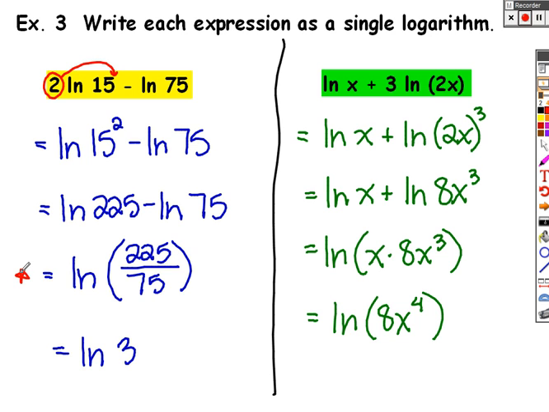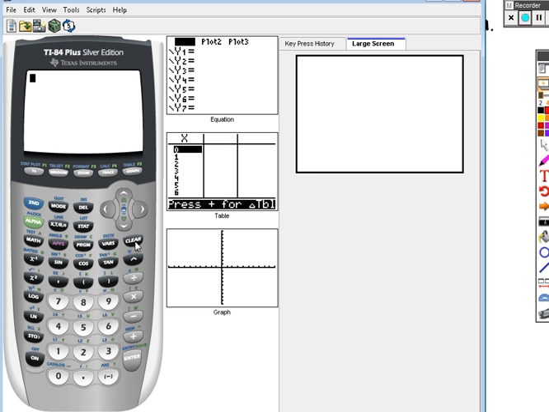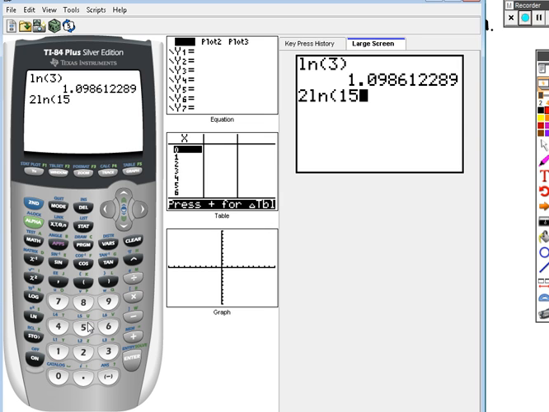So the ln of 3 should be equivalent to 2 times the ln of 15 minus the ln of 75. So if you want to check that out, we got what? ln of 3. That should equal the original 2 times ln of 15 minus ln of 75.